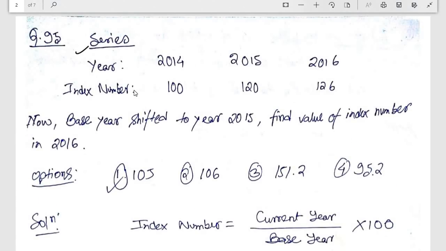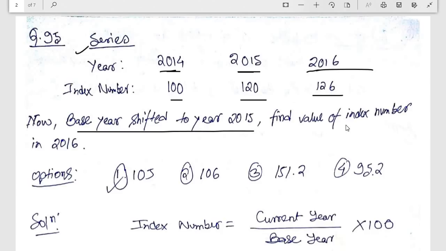So a series is given here. These are the index numbers for the series. For 2014 it is 100, for 2015 it is 120, for 2016 it is 126. Now the question is, the base year is shifted to year 2015. Now we have to find the value of the index number in 2016.